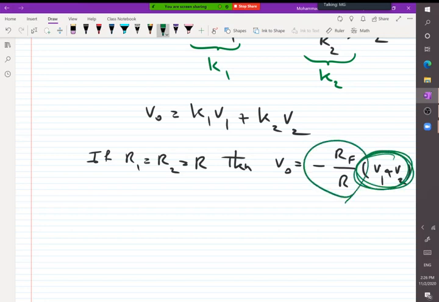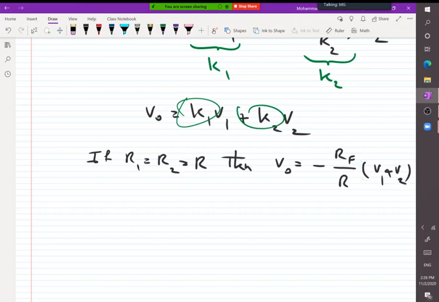What about Rf over R, or what about K1 and K2? Those are the coefficients. We can change those values by changing the resistors. So this one is the adder circuit using an OpAmp. Any question? Okay, no question.